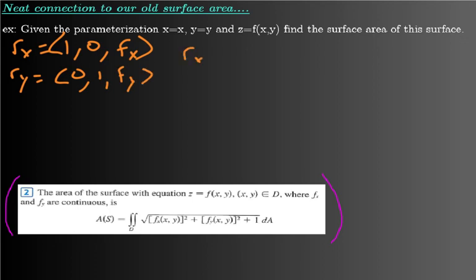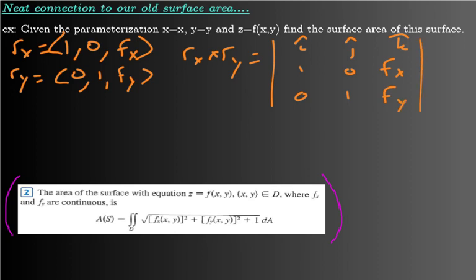So if you do r with respect to x crossed with r with respect to y, you get i hat, j hat, k hat, then 1, 0, f with respect to x, 0, 1, f with respect to y. And if you compute this cross product out, you get minus f with respect to x, minus f with respect to y, and 1, right?